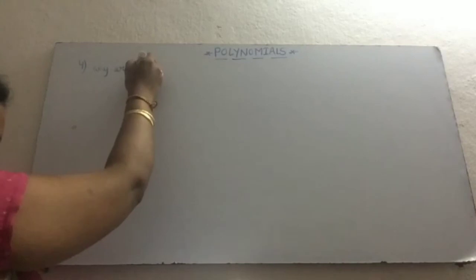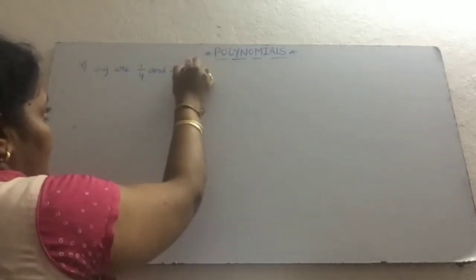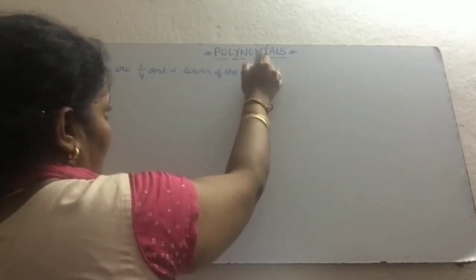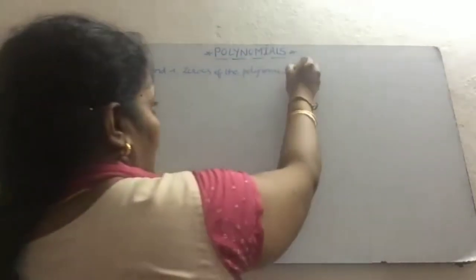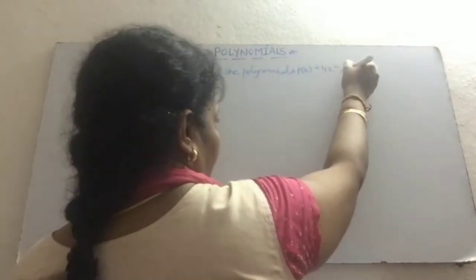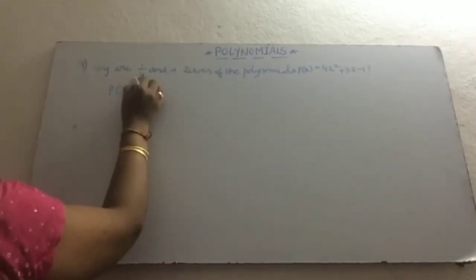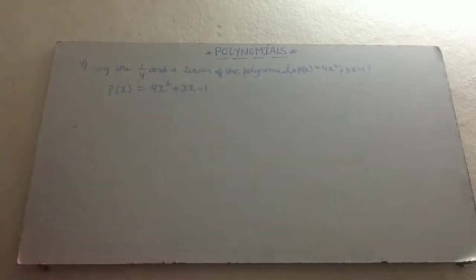Are 1 by 4 and minus 1 zeros of the polynomial p of x equal to 4x square plus 3x minus 1? Now I will take p of x equal to 4x square plus 3x minus 1.